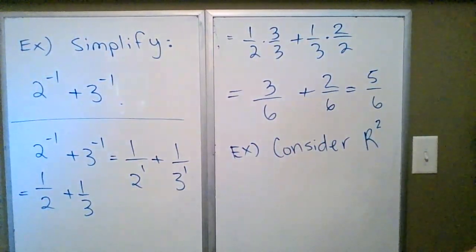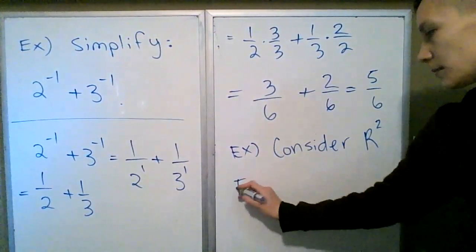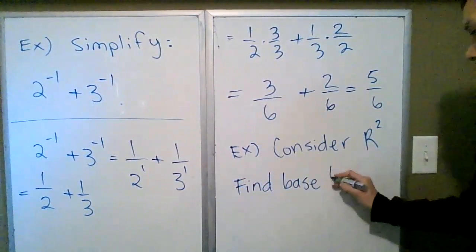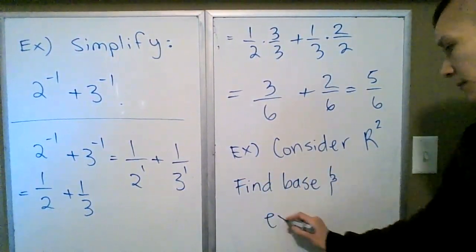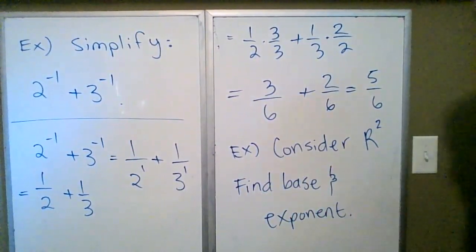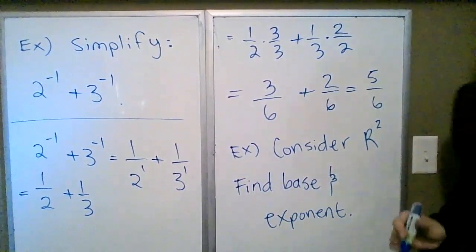What is the base and what is the exponent? The base is capital R and the exponent is 2.